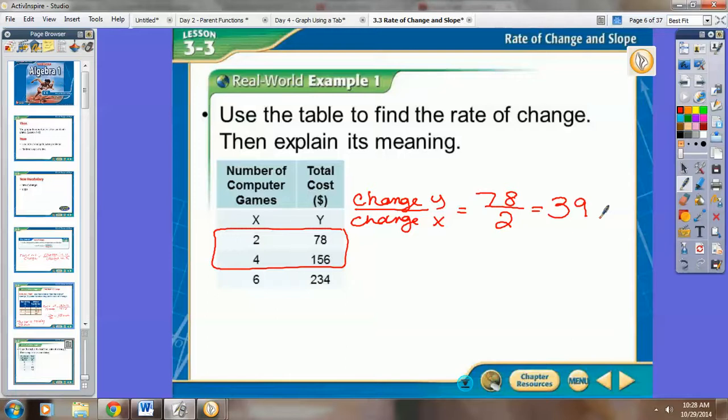The y value is measuring your money, your amount, and the x value is measuring the number of games. So it's $39 per game. So the meaning of the situation is that each game costs $39.